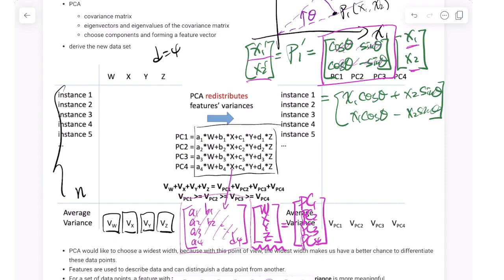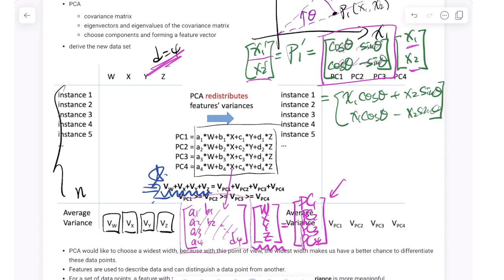There is a very important thing to notice: since we simply rotate, originally we have four dimensions, and in the new space it is 4-dimensional as well. We simply rotate to new axes.